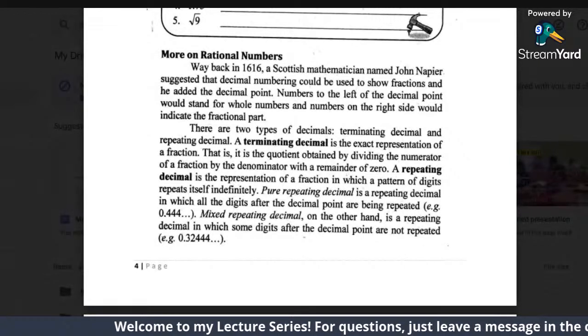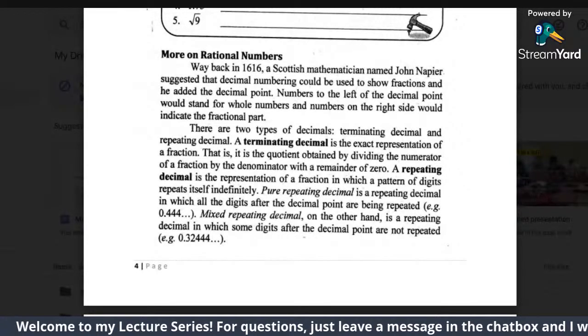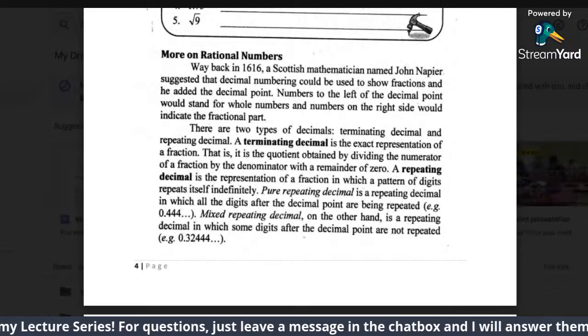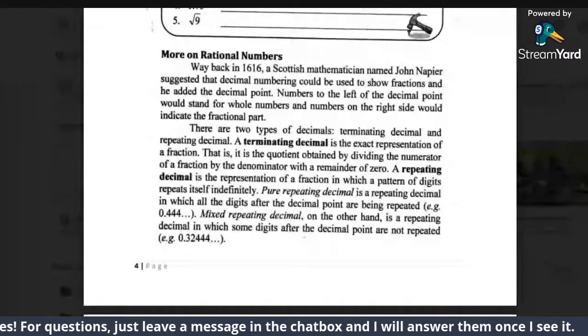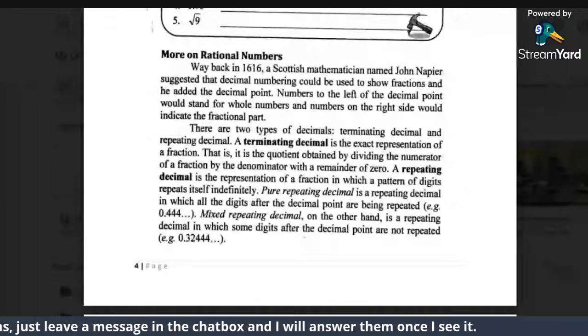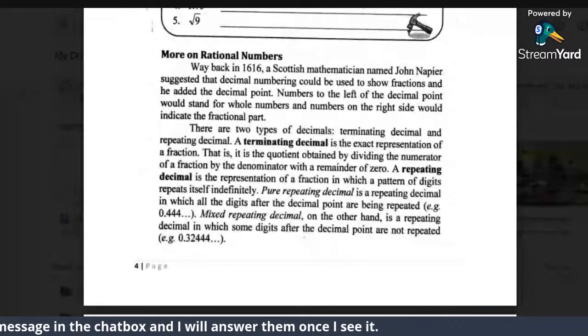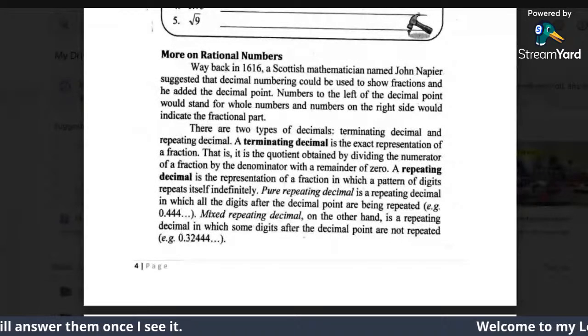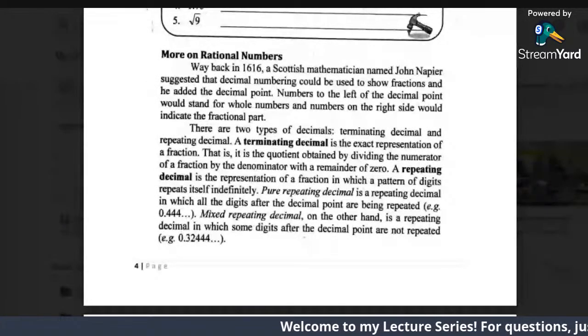So that's a terminating decimal. A repeating decimal is a representation of a fraction in which a pattern of digits repeats itself indefinitely. A pure repeating decimal is a repeating decimal in which all the digits after the decimal point are repeated. So an example would be 0.4444 and so on.